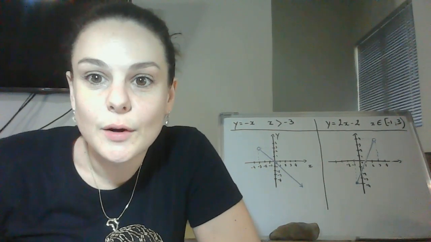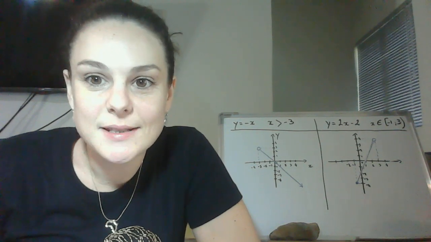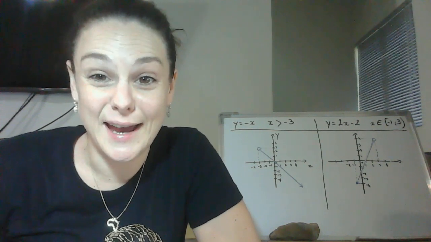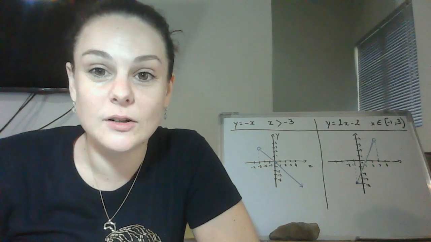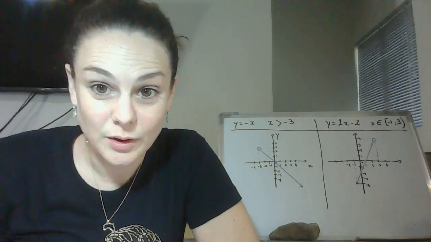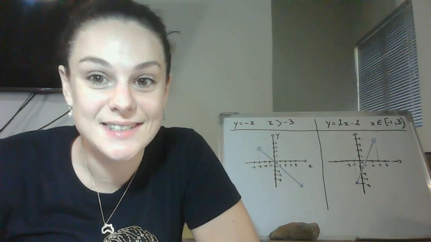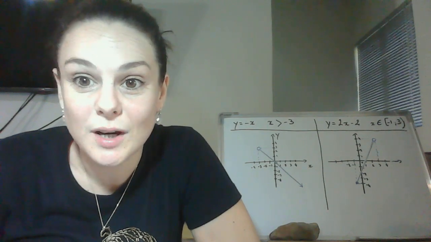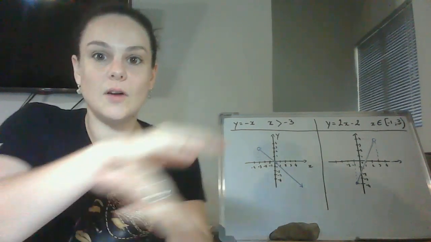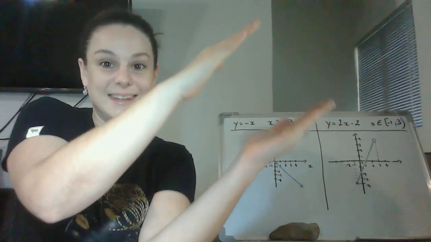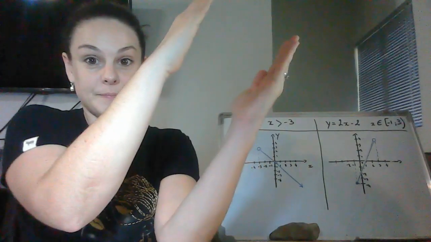How to know if two lines are parallel? I hope you remember that. If the gradients are equal, so if the two gradients are the same, therefore the two lines are parallel. They're growing at the same rate. The inclination is equal. So they are parallel.